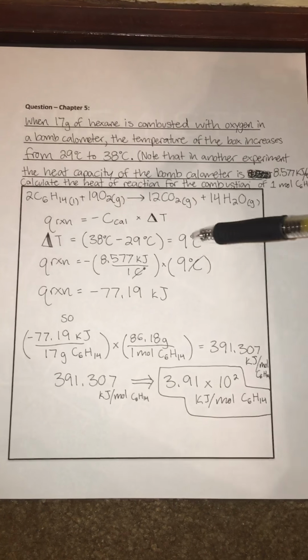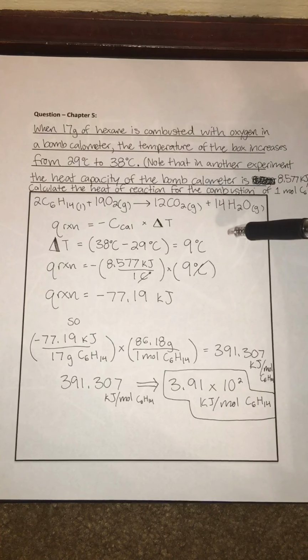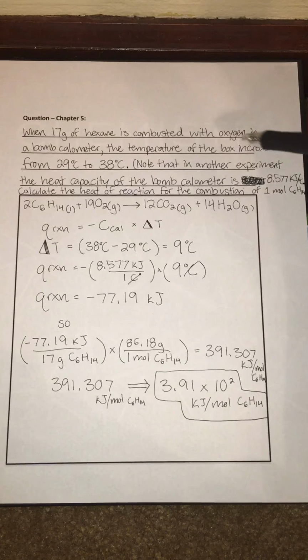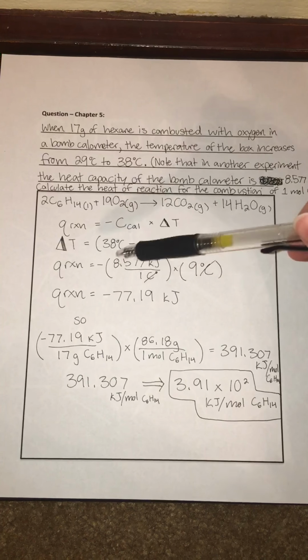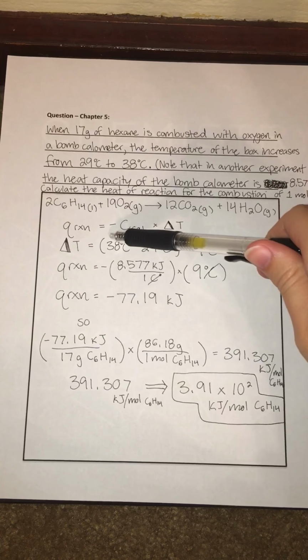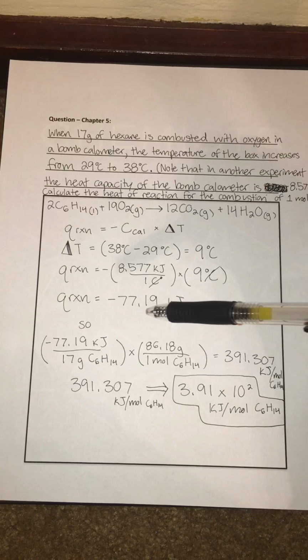And so now we plug in the 9, and then we also have the heat capacity, which is given in the notes of the problem. So we plug that in. Don't forget the negative sign. The formula goes negative heat capacity times change in temperature.